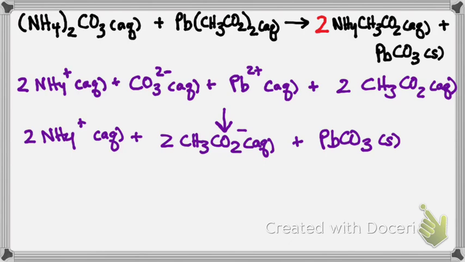You have spectator ions. Those are ions that are the same in both reactants and products. I have 2 NH4 plus in reactants and in products, so they cancel. I have 2 acetate anions in reactants and products, so they cancel.